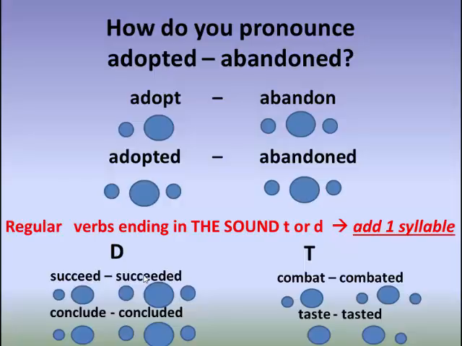So our rule applies to regular verbs that end in the sound T or D. Sometimes the sound T or D is the letter D or T, but sometimes it is only the sound, because the last letter is an E that we do not pronounce.